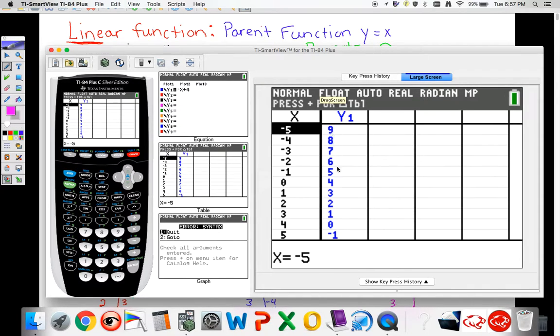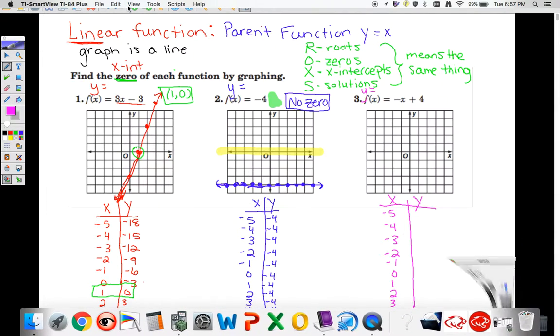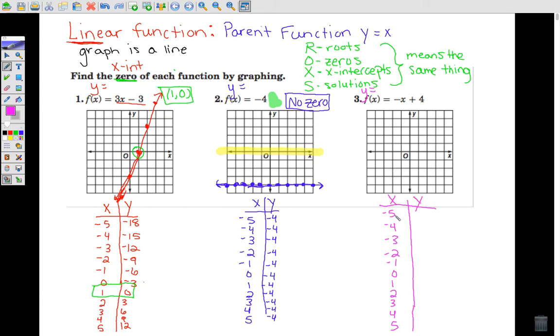So all these numbers right here we want to copy onto our paper. So start with positive 9. And then we have 8, 7, 6, 5, 4, 3, 2, 1, 0, and I think 5 is going to be negative 1.